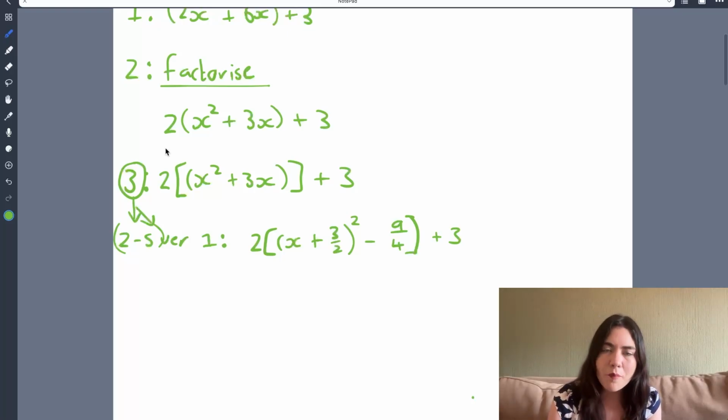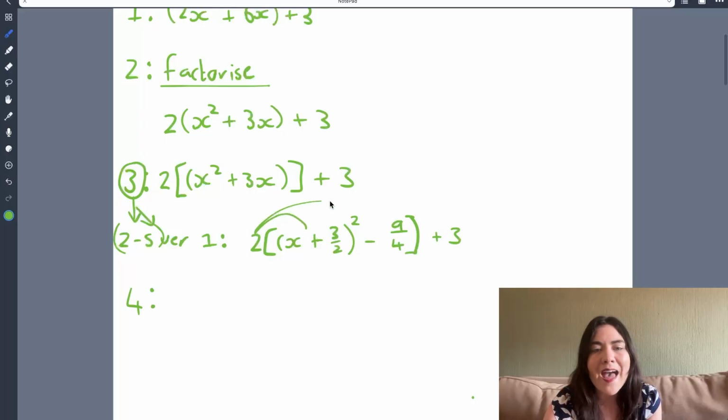The second common mistake I see is going to happen in step 4, which is also a new step. We're going to expand these square brackets by multiplying the 2 into the square brackets. So when we multiply it in, we get rid of the square brackets, and the 2 is going to sit right in front of those brackets. It's not going to multiply into the bracket, it's just going to sit in front of the bracket.